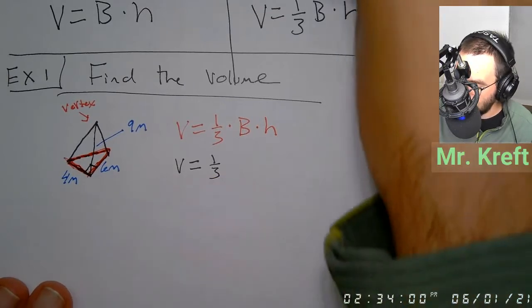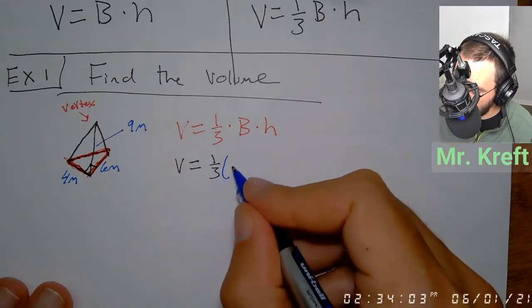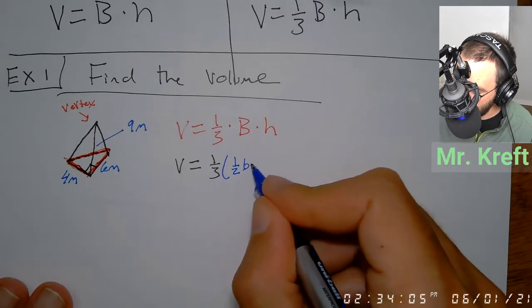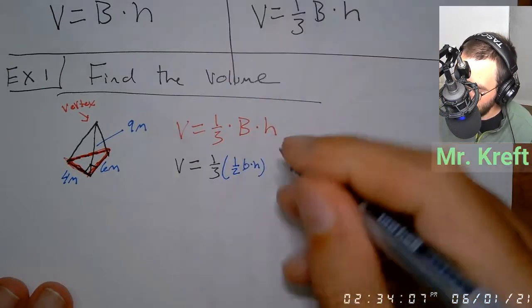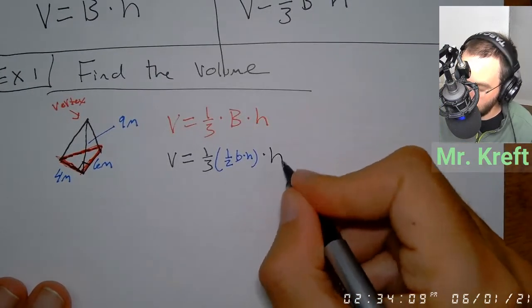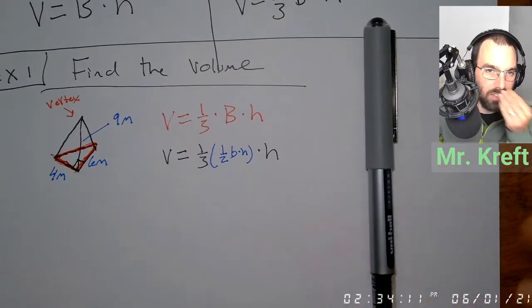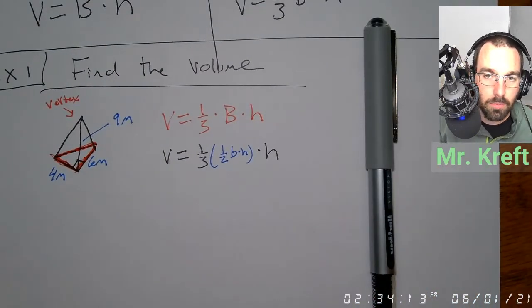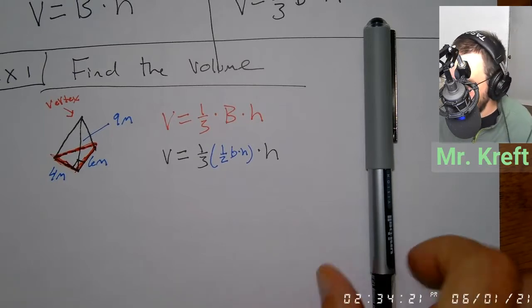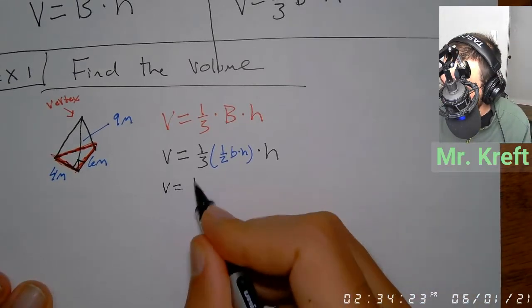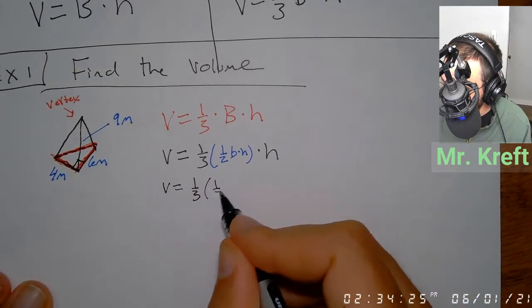So that's a triangle. So when I go to type this in, I'm going to have the area of a triangle, just like I would do for the volume of a prism. Okay, so the only difference here is because I'm stabbing them, I'm losing 1/3 of my blood. So I'm going to get volume equals 1/3, then 1/2.